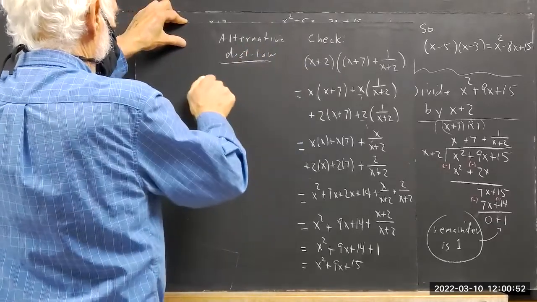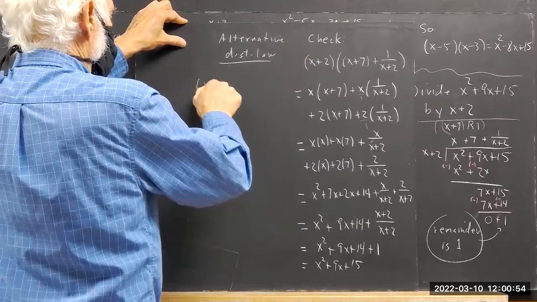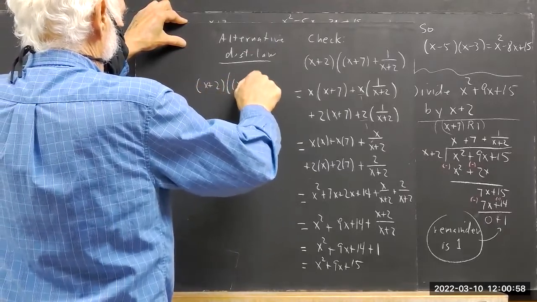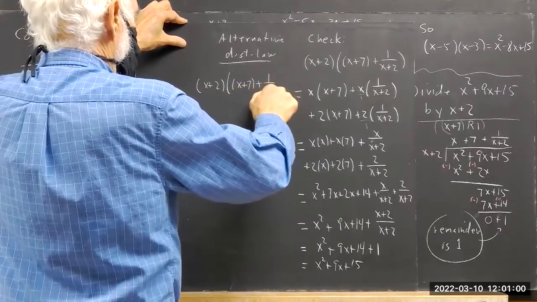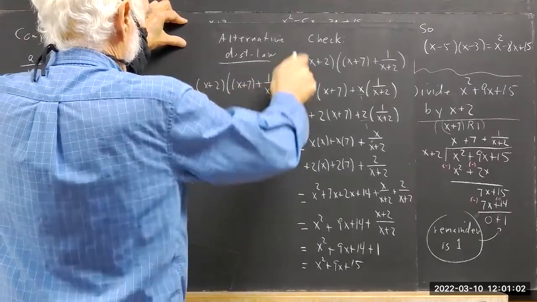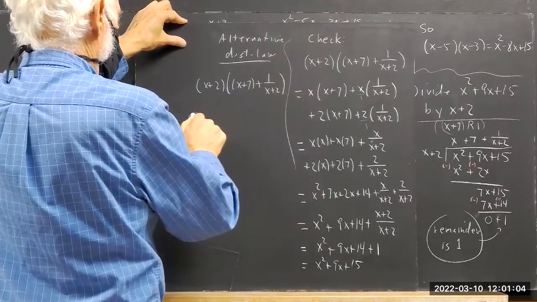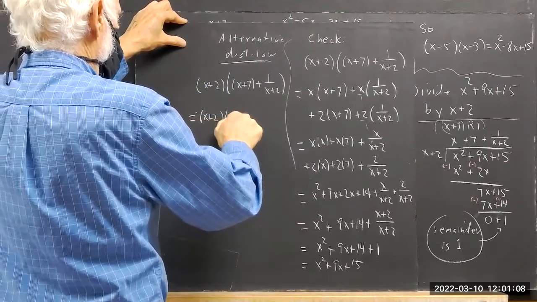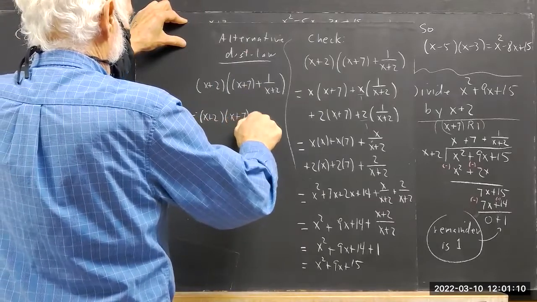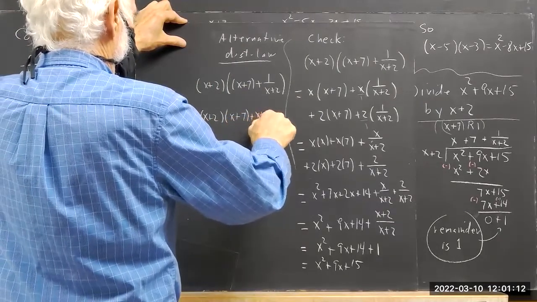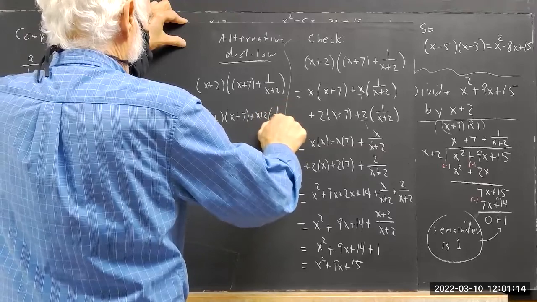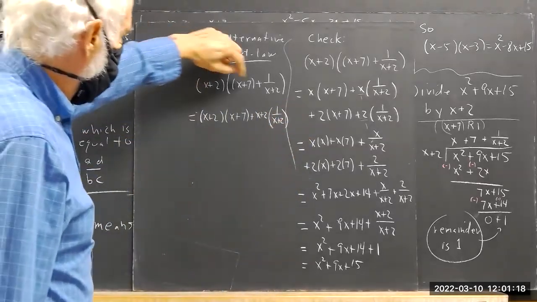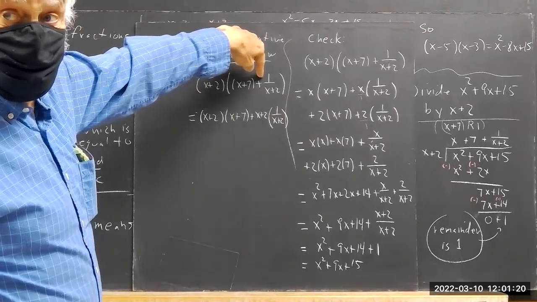Alternative distributive law. I could distribute over this plus sign, right?